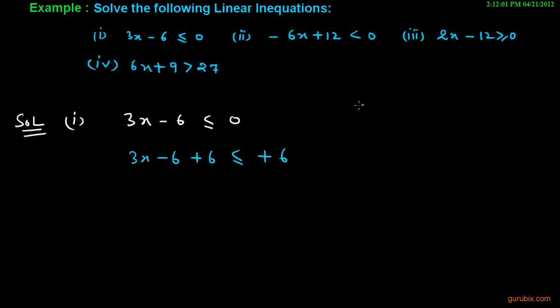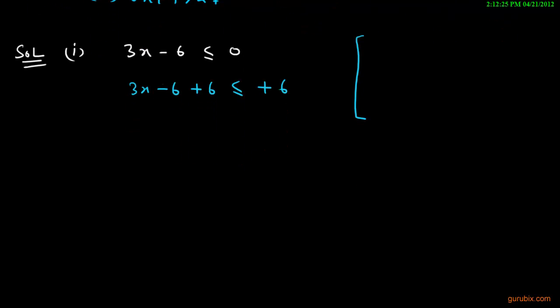We know that the same number may be added or subtracted from both sides of an inequation without changing the sign of inequality. So we did this step, and now we can cancel out this negative 6 with this positive 6. Then we get 3x less than or equal to 6, and now we can divide both sides by 3.